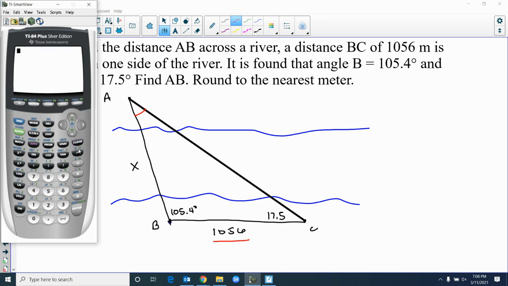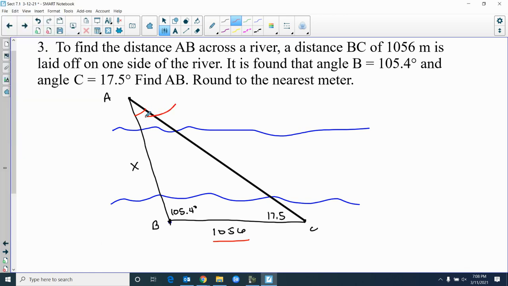That's easy enough. We're going to take 180 minus 105.4 minus 17.5, and we get 57.1 degrees. Okay, so that is 57.1.